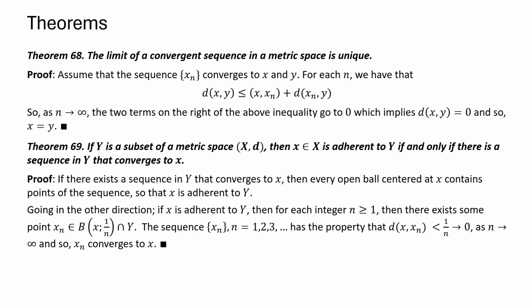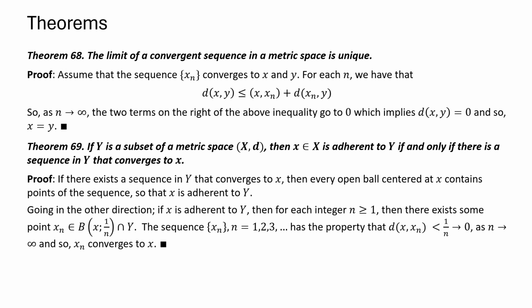Going in the other direction, if x is adherent to Y, then for each integer n greater than or equal to 1, there exists some point x sub n, an element of the open ball centered at x with radius 1 over n, intersected with Y. That's from the definition of adherent.